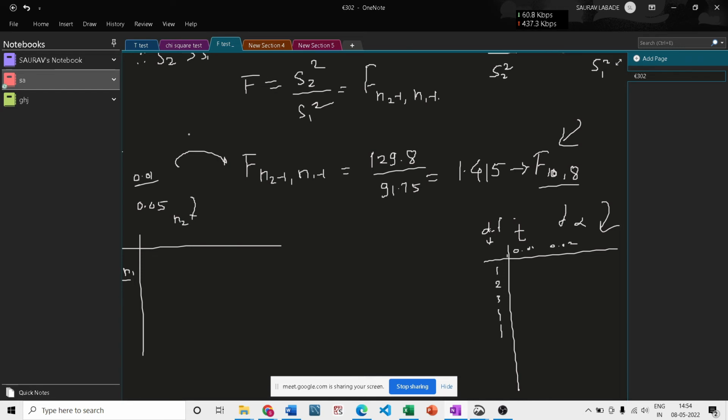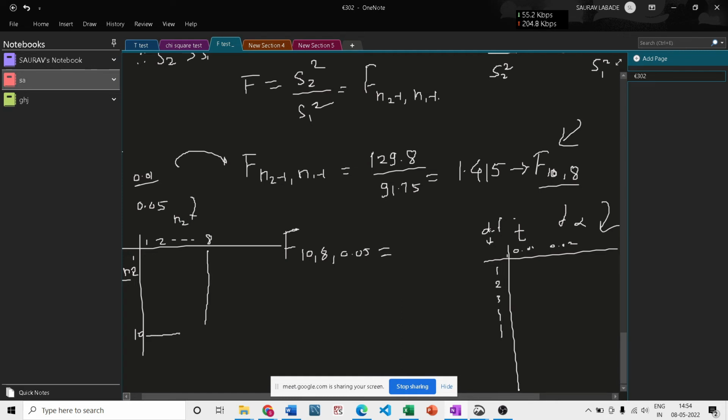So here we have to find F 10, 8 at 0.05. That means there will be numbers 1, 2, 3, 4, 5, up to 10 on one side, and 1, 2, 3, 4, up to 8 on the other. If you find this value in the statistical table, you will get 3.36.